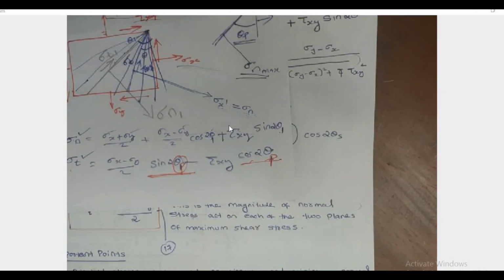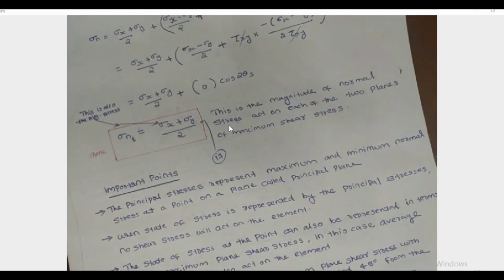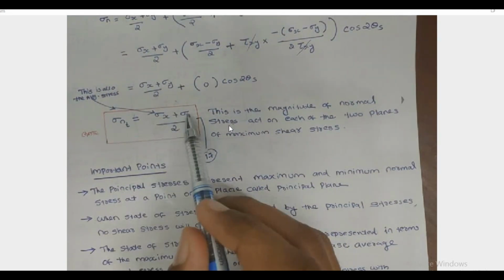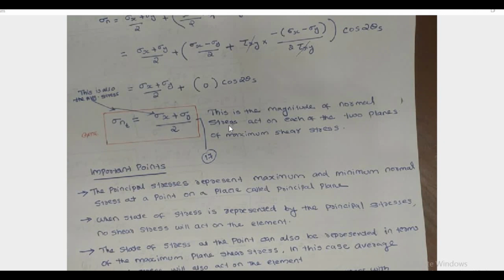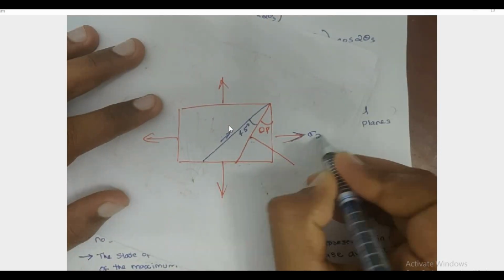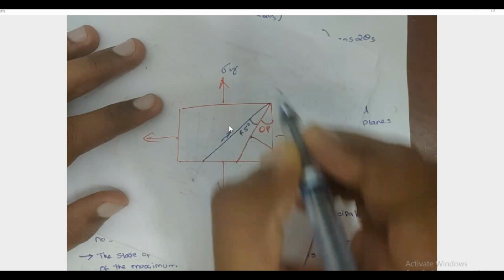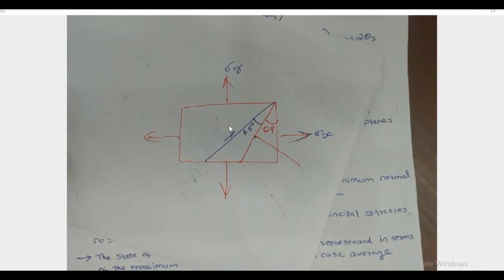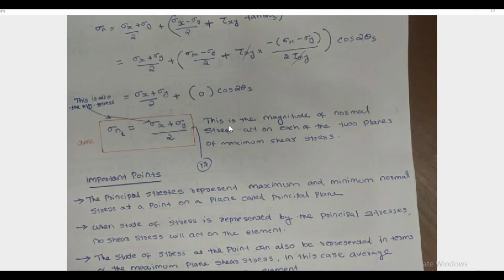After substitution, we got that it is not 0, it is equal to sigma x plus sigma y by 2. That means the average stress, where this is sigma x and this is sigma y, will be the normal stress acting on a plane of maximum shear stress.